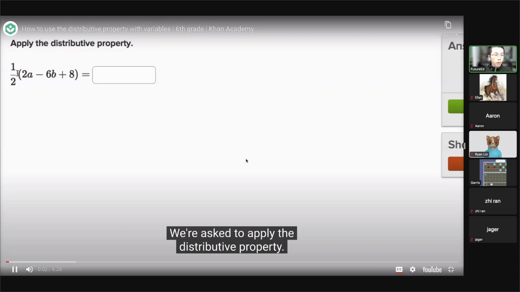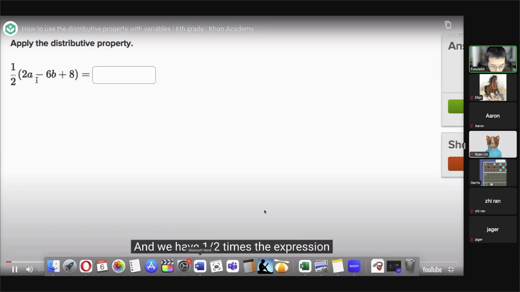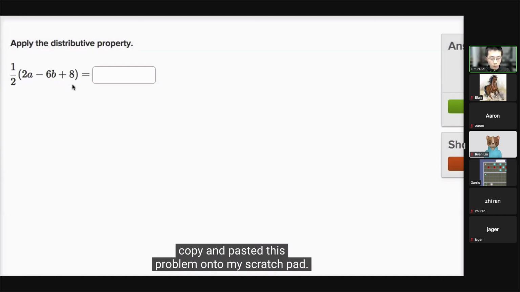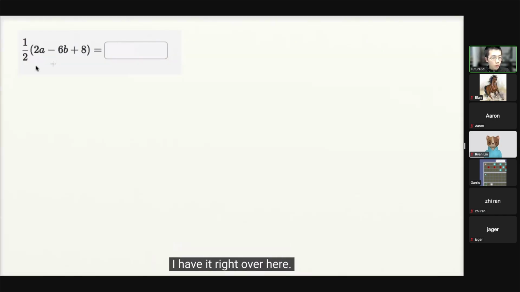Apply the distributive property, and we have 1/2 times the expression 2a minus 6b plus 8. To figure this out, I've already copy and pasted this problem onto my scratch pad. Actually, let me just rewrite it. Let me color code it too, just for fun.